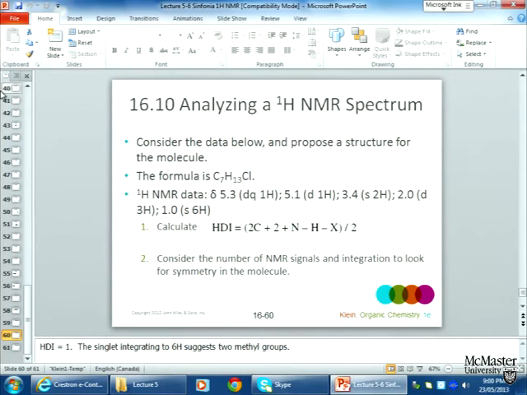Okay, so now we need to move on a little bit, and perhaps we want to start thinking about the degree of unsaturation here. We've got 1 degree of unsaturation. We've got a signal at 5.3 and 5.1 ppm. What type of hybridization are those carbons? 5.3 and 5.1 in the proton.